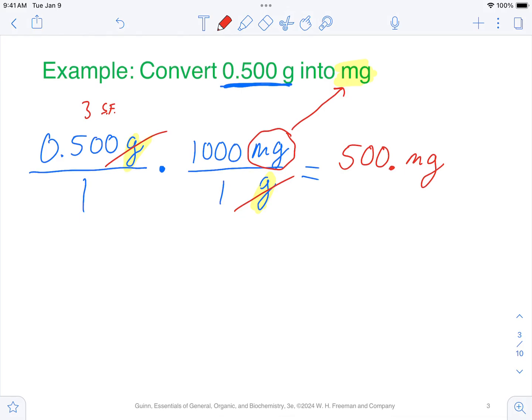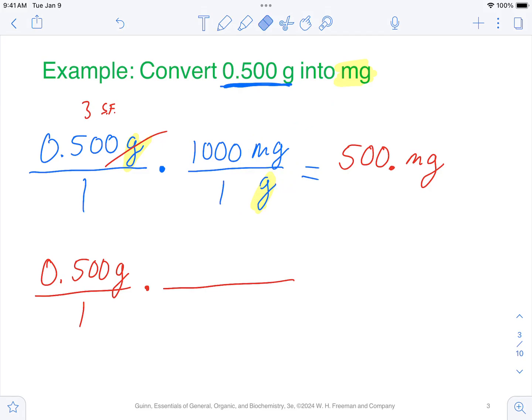Now, this conversion factor, you can go about it a different way. As you learned with the metric system, I always like to give the bigger unit the 1. So out of milligrams and grams, gram is the bigger unit, so that's why I gave that a 1.